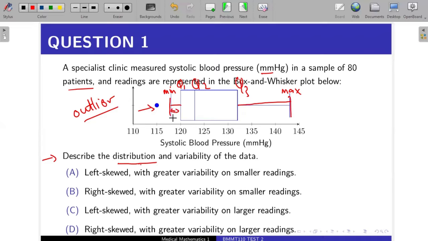And then when we compare it to this whisker on the right, this whisker is very long. So the right whisker is longer than the left whisker. So it means our distribution should be skewed to the right. So this option C and option A, we can cancel it. So we are only remaining with B and D.